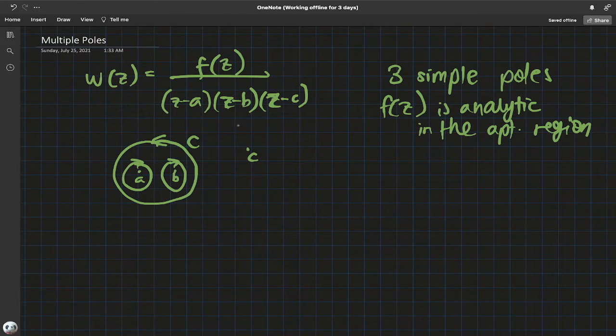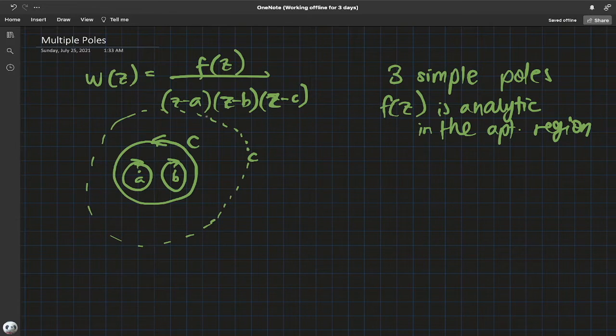Then the region of convergence is going to be something like this: from the C boundary to the boundary of A, and then from the C boundary to the boundary of B.